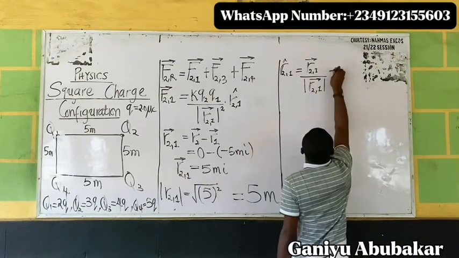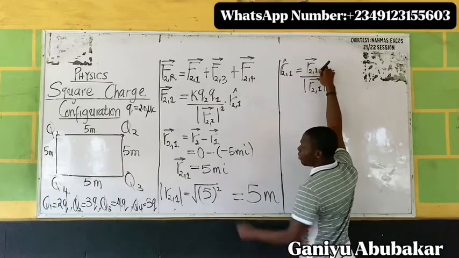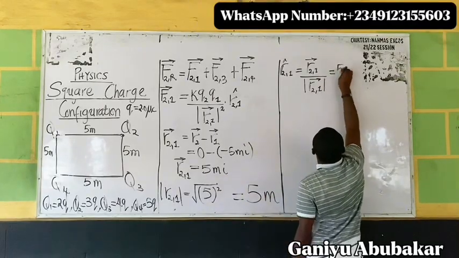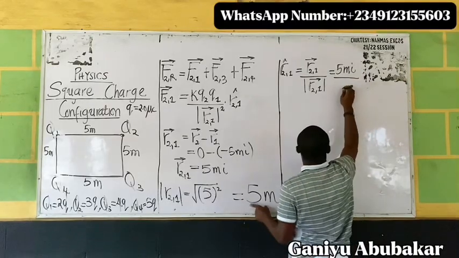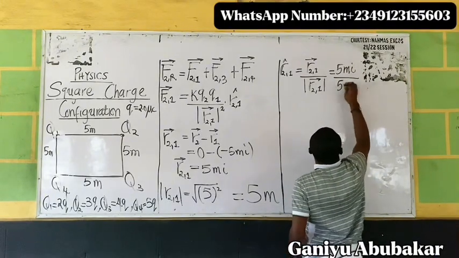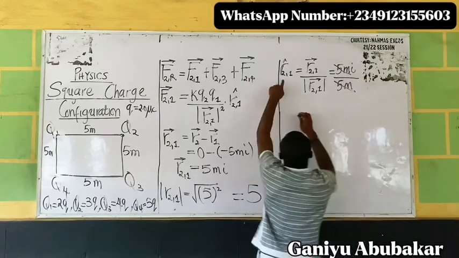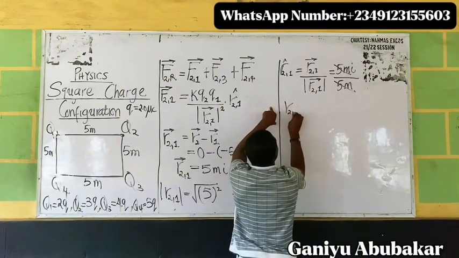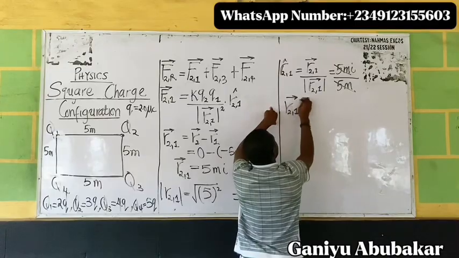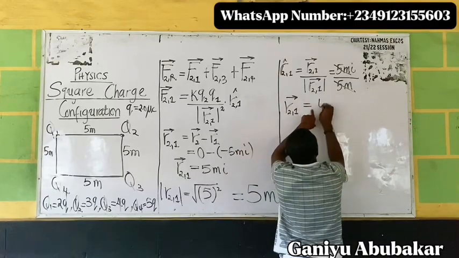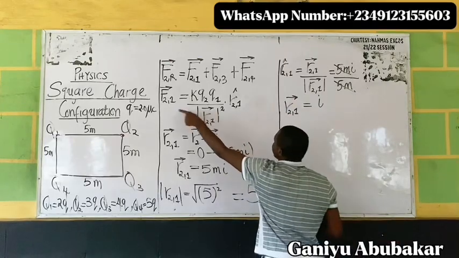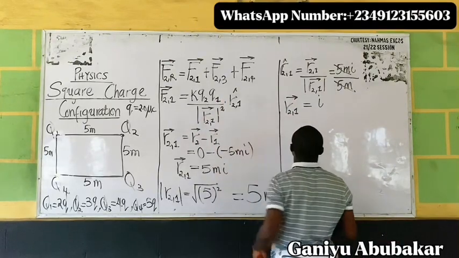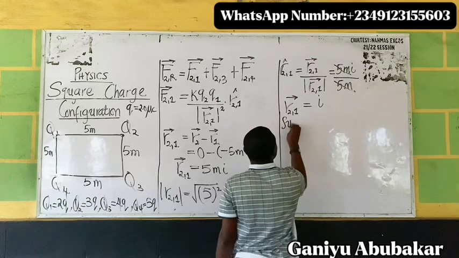That's 5 meters i all over 5 meters. So this cancels this, and the unit vector of R21 is given as i. Now put what you have inside this and get F21. Then we move to F23.